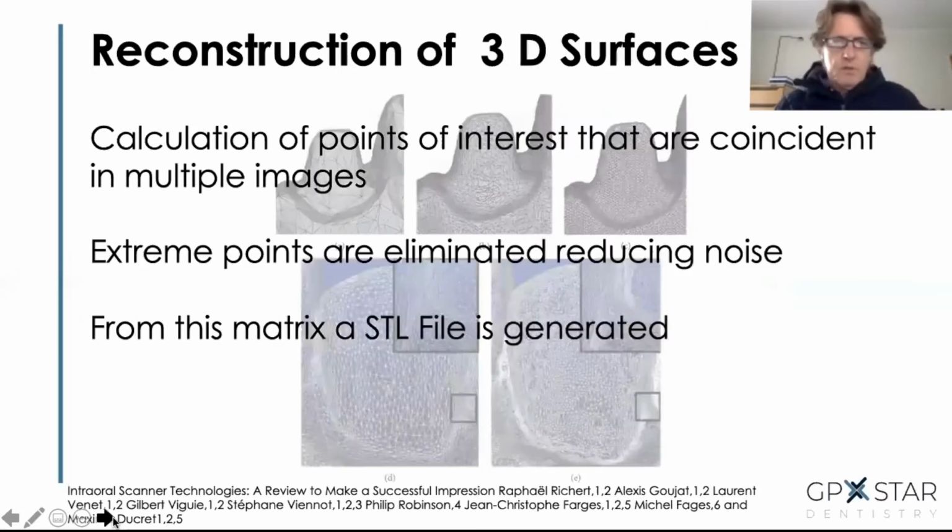All right. So all those calculated points that are coincident with each other in different images. Remember, your camera is moving. So you're moving the scanner over the area, and every time that you make a micron's worth of movement, you are taking in more points of interest, and those points of interest are all added together, and this will then generate your file.